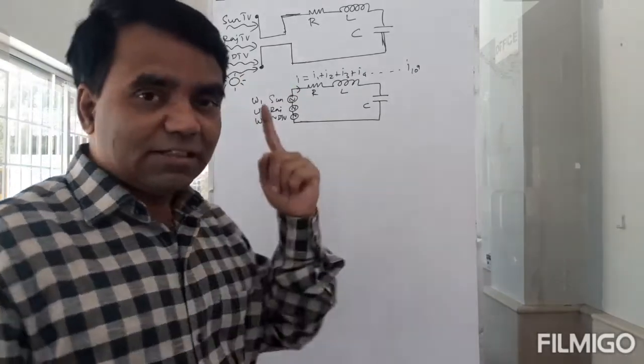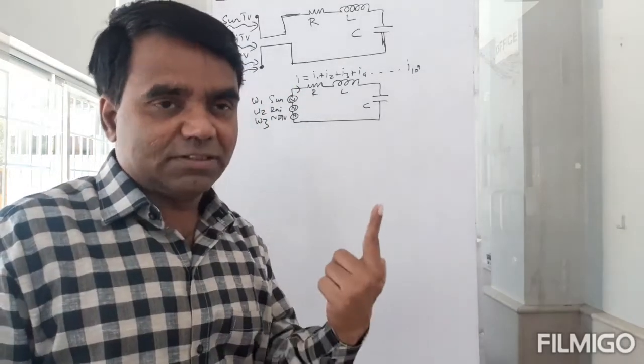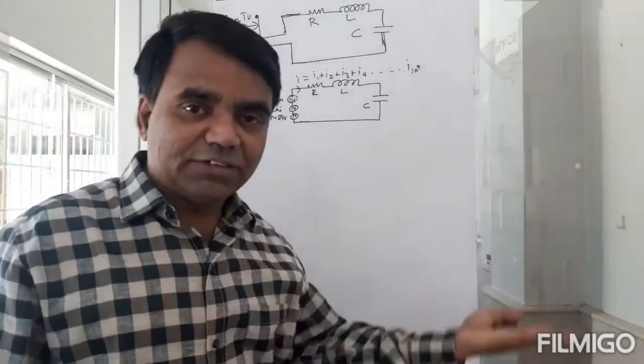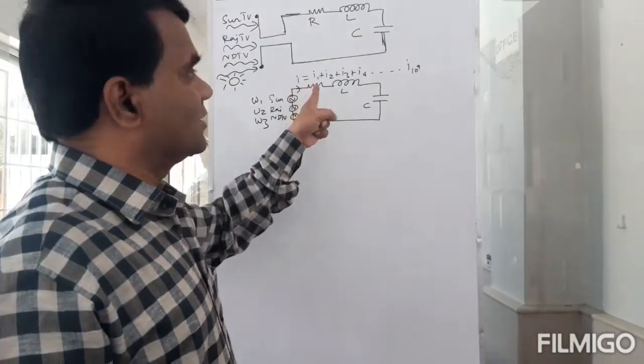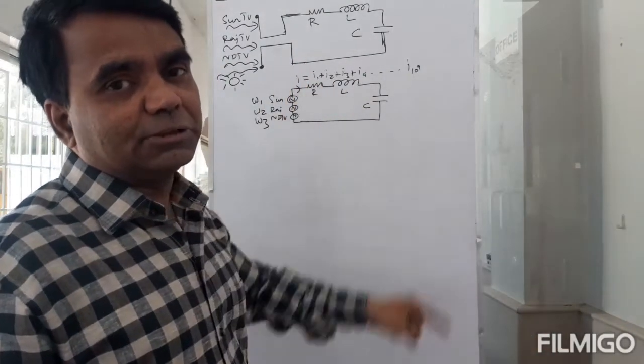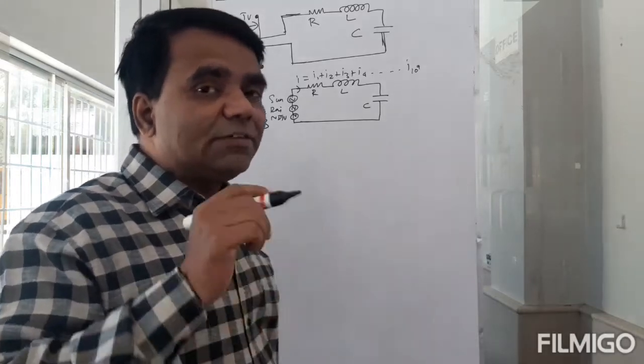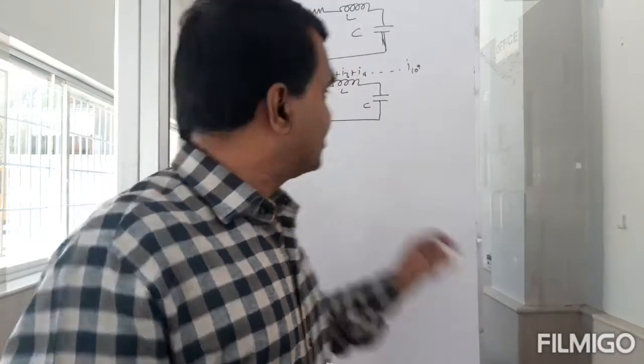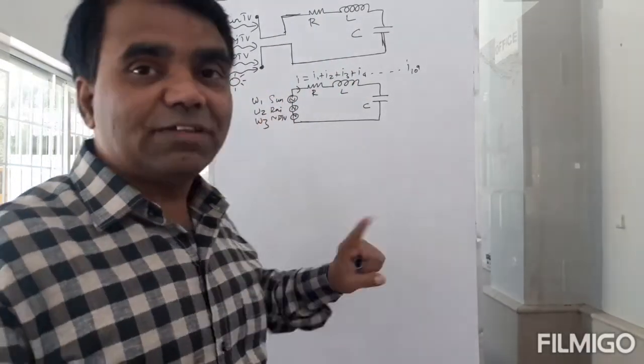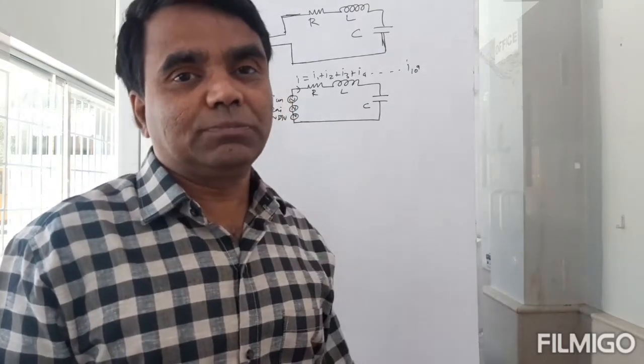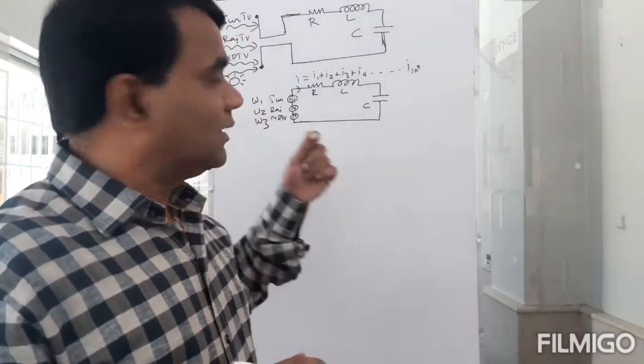For Sun TV, there will be one impedance. For Raj TV, there will be a different impedance. So the current will also change. And which frequency, which channel, will have the maximum current flowing through this?